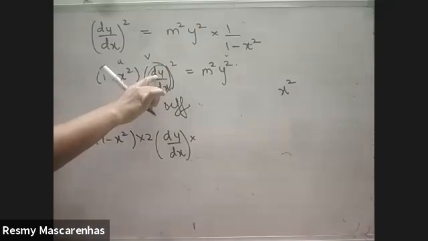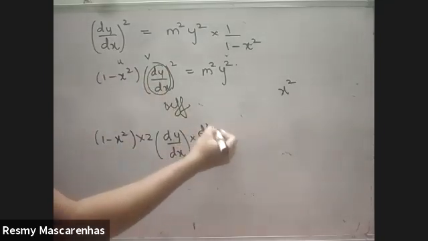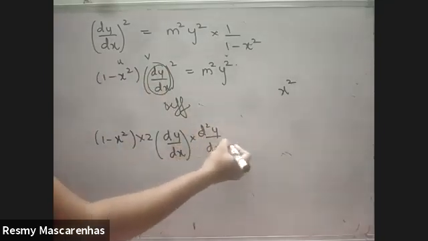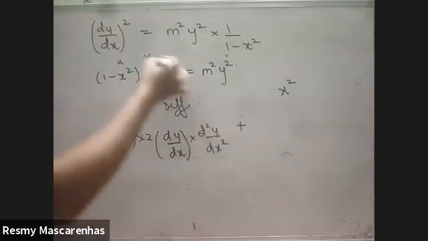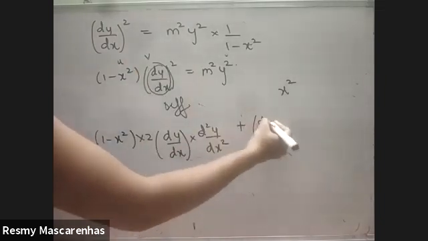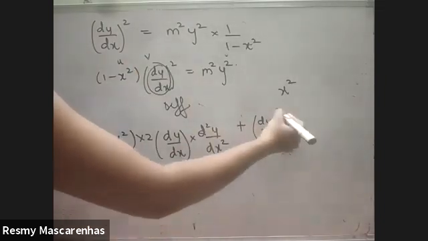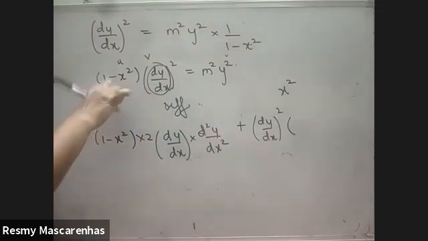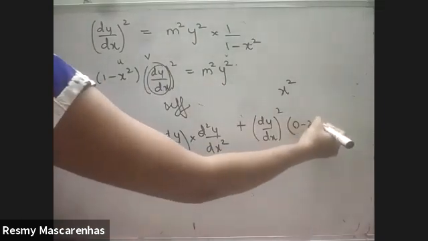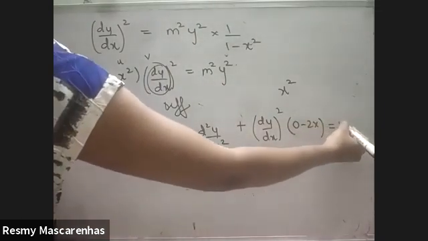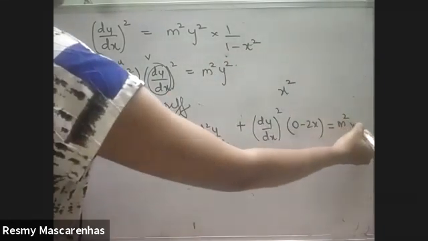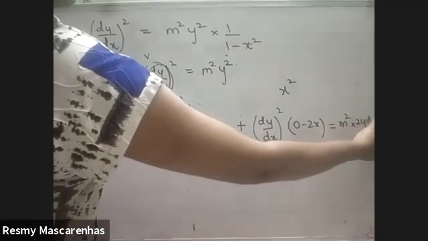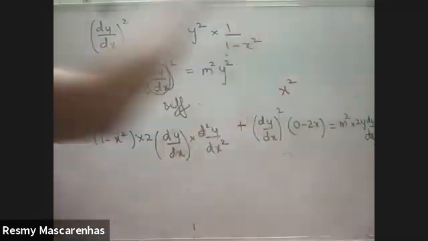So when you differentiate it for the second time, it will become d square y upon dx square, plus v into the derivative of u. So that will be 0, minus 2x, is equal to m square. The derivative of y square will be 2y into the extra dy by dx.